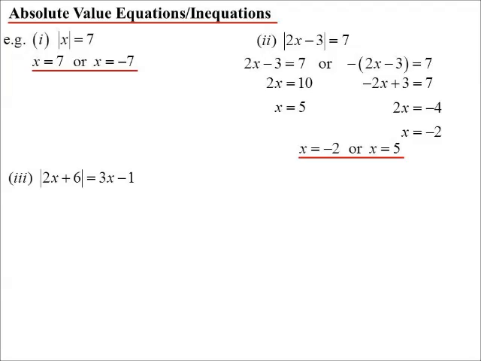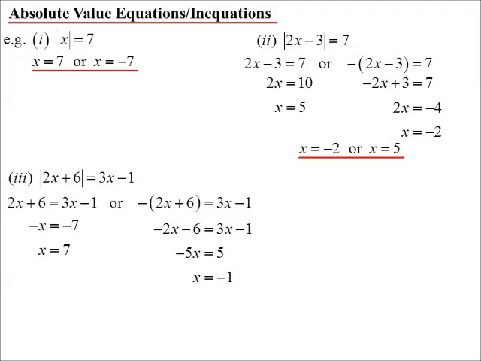Now, when you've got absolute value equals some piece of algebra, you really need to check. So again, I'm saying either 2x plus 6 is 3x minus 1, or the negative of 2x plus 6 is 3x minus 1. The left-hand equation gives me x equals 7. The right-hand equation gives me negative 1.